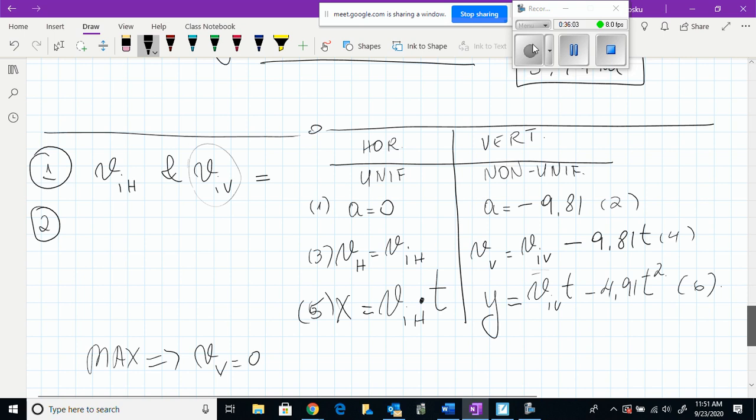If they are asking for the range, then it's equation 5. If they are asking for the maximum height, then we will use equation 6, substituting the time at which the maximum is reached. And when we are using the range, we will use the total time. Question?